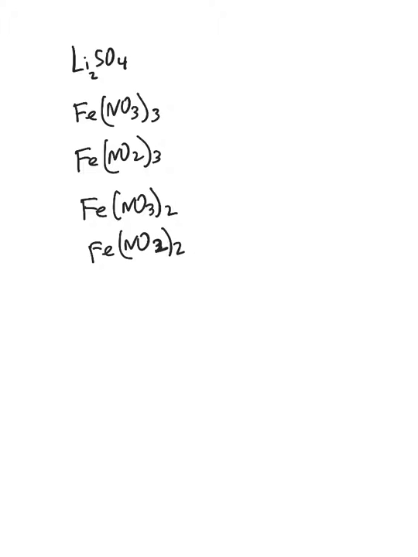Let's look at these four compounds. The first one, you've got to recognize that it's a metal plus a polyatomic ion. It's not some sort of lithium sulfur oxide compound. Not going to name it lithium sulfur tetroxide, for example.